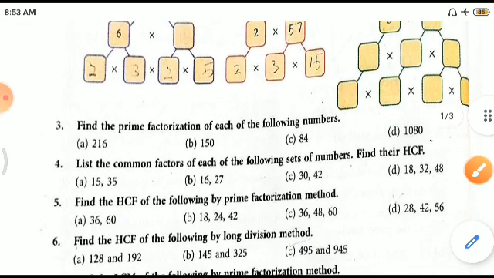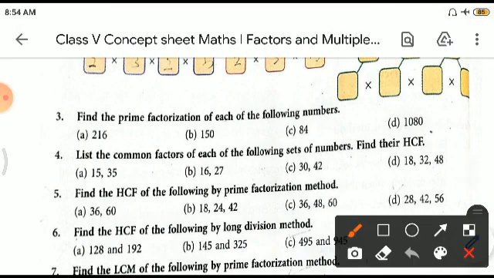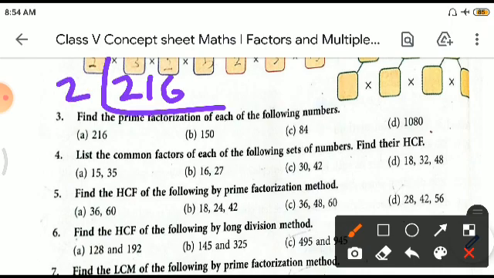Find the prime factorization of each of the following numbers. Now, prime factorization is done with the help of prime numbers only. Suppose I take 216. Firstly let me divide it by 2, so we will get 108. Again, let me divide it by 2, so I will be getting 54.